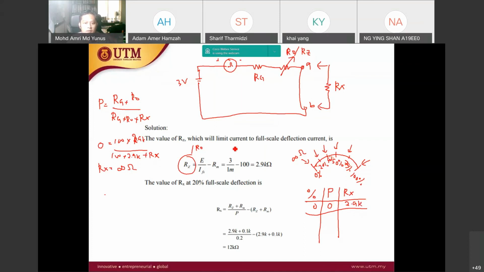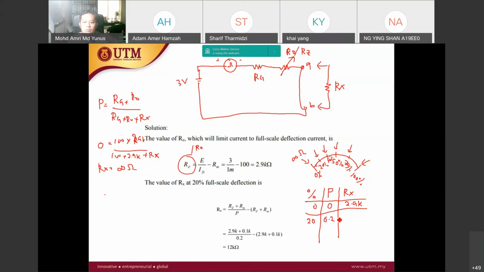How about when the deflection is 20%? The ratio is the percentage divided by 100, so the ratio here is 0.2.